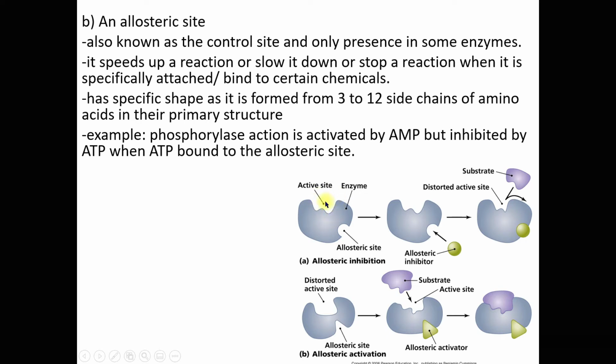Because the binding of the chemical molecule to the allosteric site of that enzyme will cause the active site of the enzyme to be distorted. Distorted means its configuration changes. You can see in these two pictures, in this one the active site is a bit wider, and here it becomes narrower.